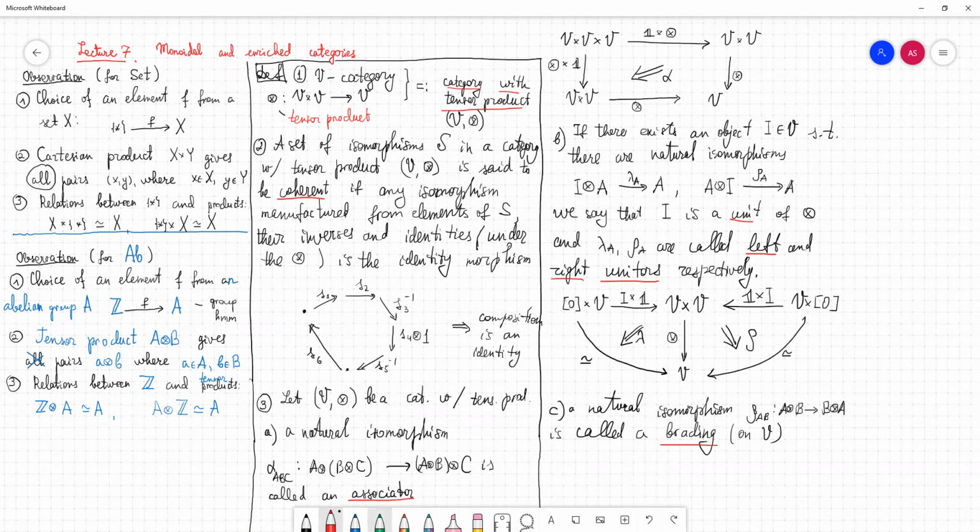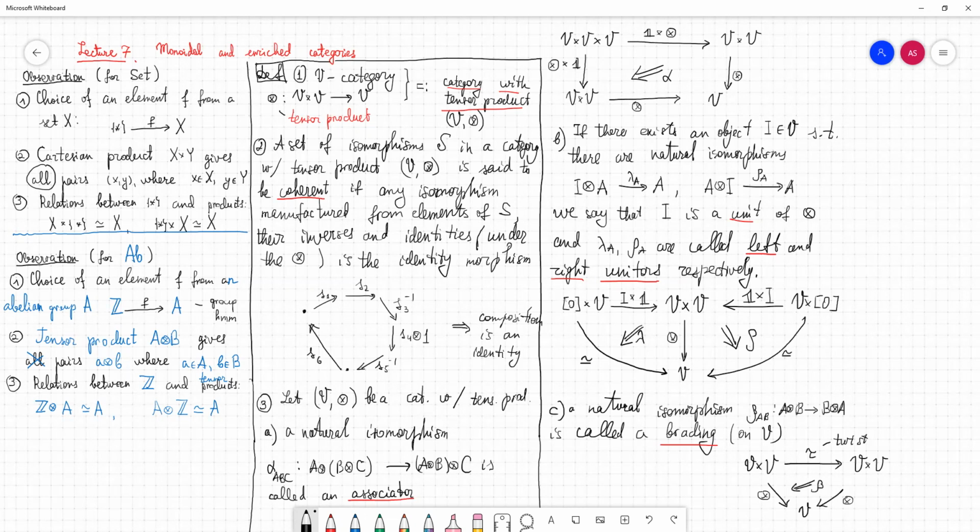How can we draw a diagram for it? We will take a pair from category V. Then we will twist this pair with tau, which is just an interchange of components. And from the other side, we will take the tensor product of the components of the pair.